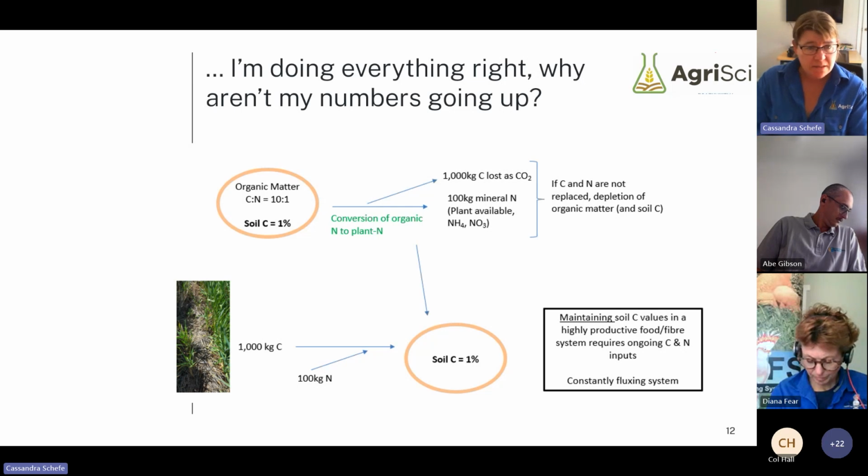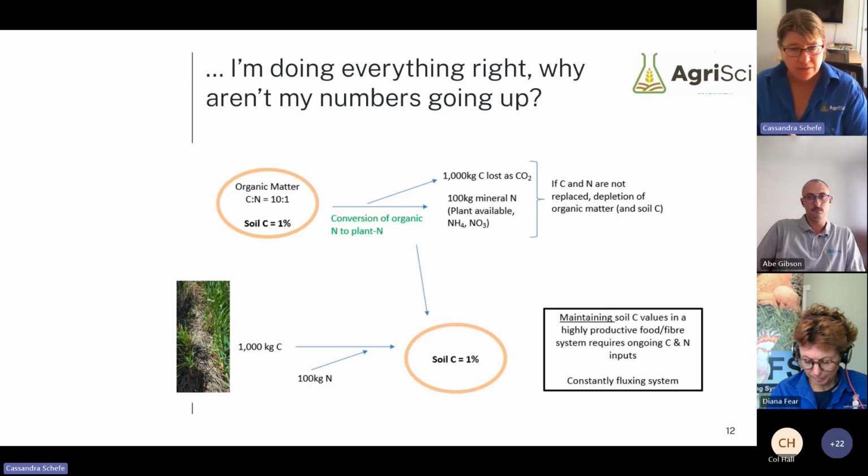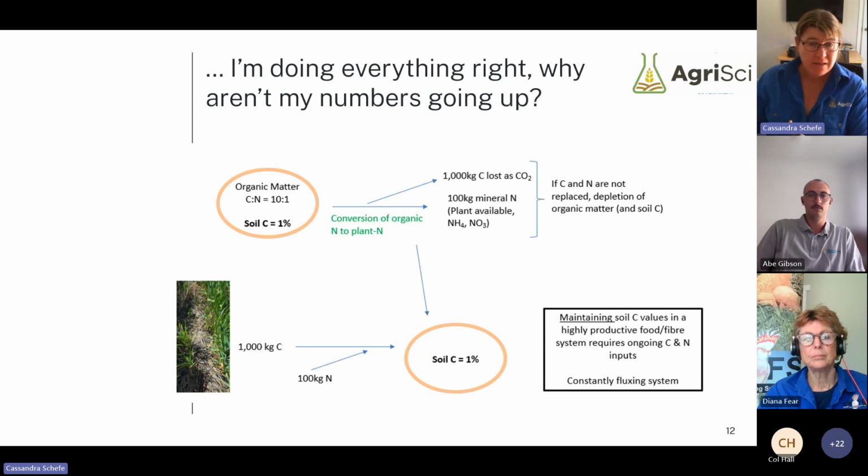In 3 years' time, you're still at 1% carbon. Because of all the losses in the system through those mineralisation processes, to keep that 1% carbon means that you've actually pulled in 100 kilos of nitrogen and 1,000 kilos or a tonne of carbon every year to maintain that.